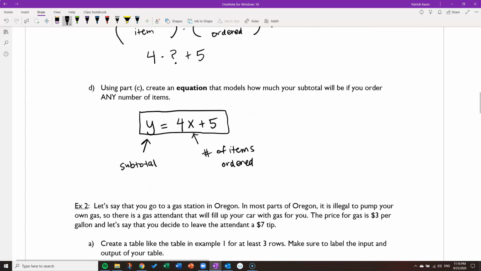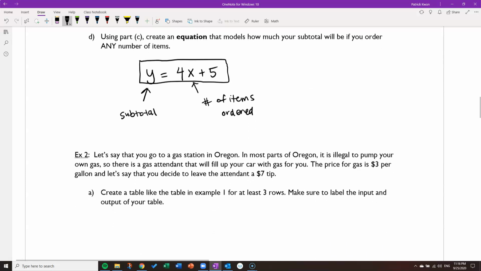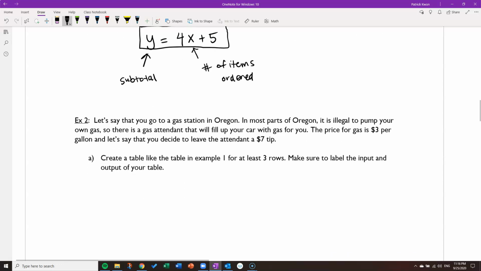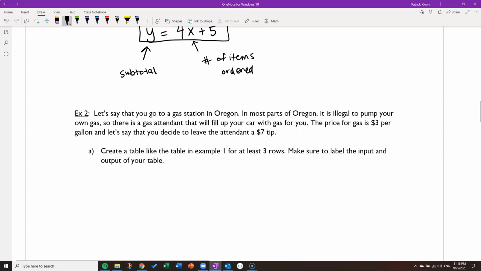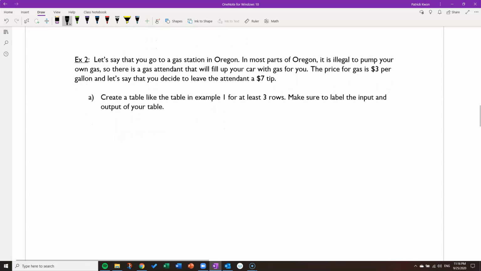Example 2 says, let's say that you go to a gas station in Oregon. In most parts of Oregon, it is illegal to pump your own gas, so there is a gas attendant that will fill up your car with gas for you. The price for gas is $3 per gallon, and let's say that you decide to leave the attendant a $7 tip. Create a table like the table in example 1 for at least 3 rows. Make sure to label the input and output of your table.